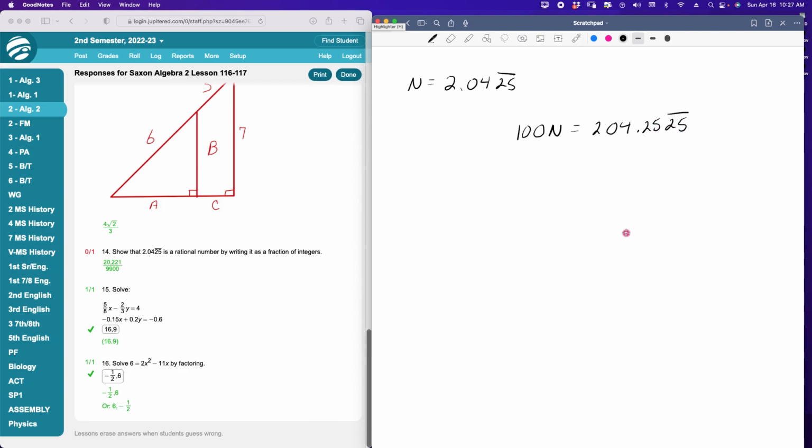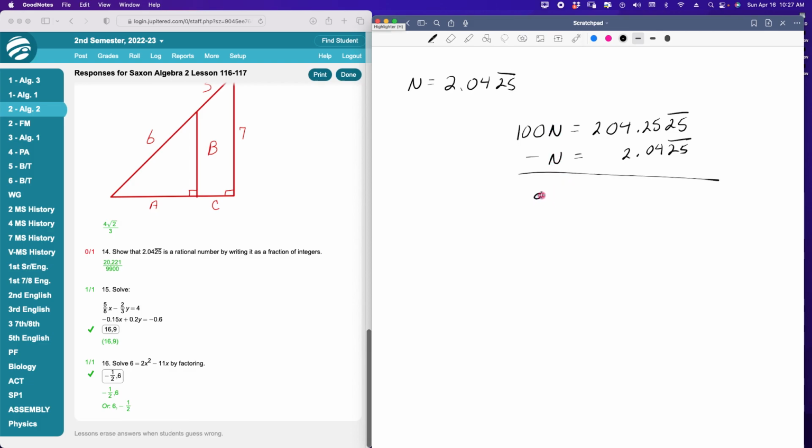That continues to repeat. So then n is equal to, I'm going to line up our decimals, 2.0425, and that repeats. We're going to subtract these from one another. We're going to use elimination.